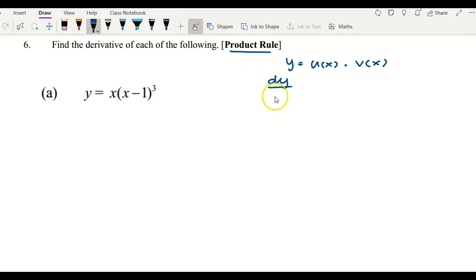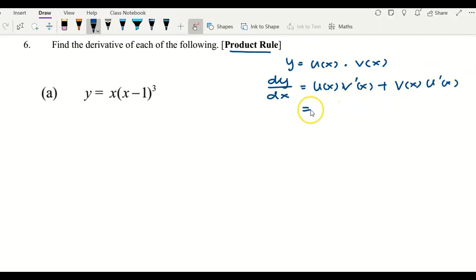So what is the formula of the product rule? dy/dx equals, you copy down one of the functions, either u or v. In this case, I copy down u(x), and then you differentiate the other function, forming v prime, and then plus copy down the function that you have just differentiated, and then differentiate u(x), the function that you copied down in the first term.